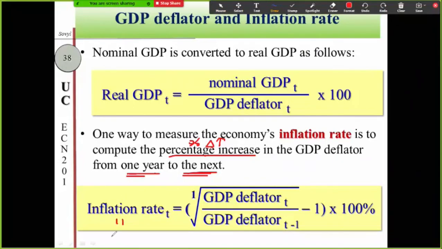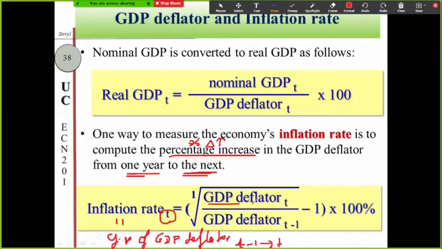The growth rate of GDP deflator from year T minus 1 to year T is the inflation rate at year T. So how to find the inflation rate in year T, or the growth rate of GDP deflator from year T minus 1 to year T?